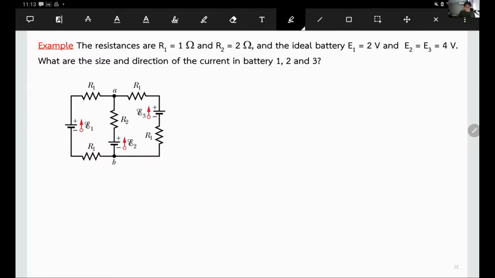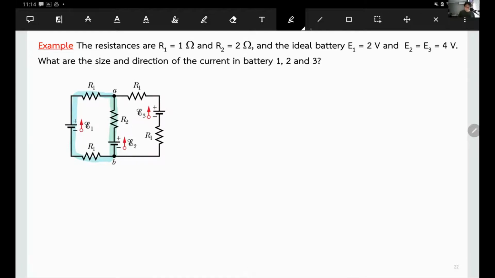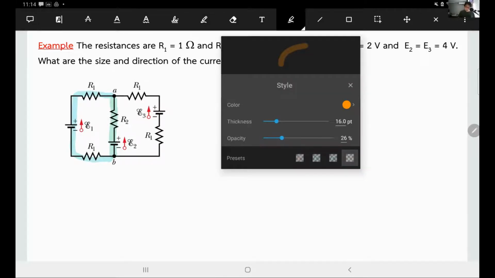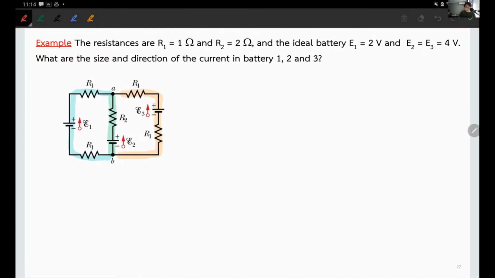In this case, there is 1 wire on the left, 1 in the middle, 1 on the right. Just assume current flows in any direction you like. Up to you. I can assume that the current flows up on the left.